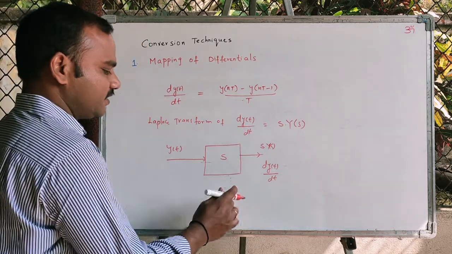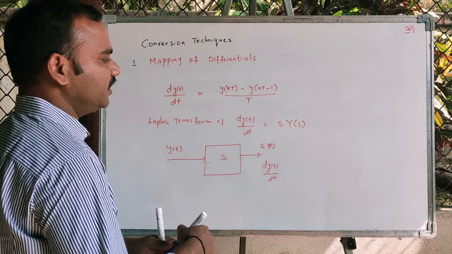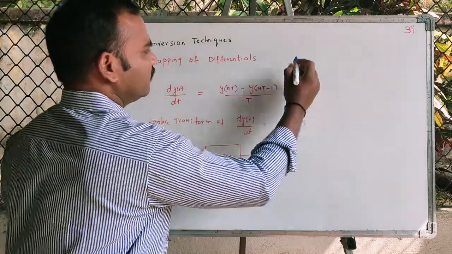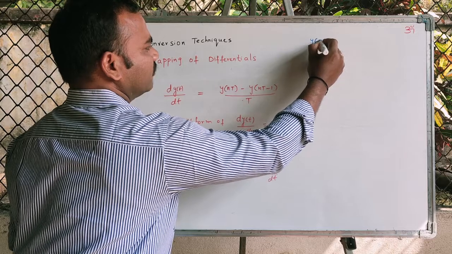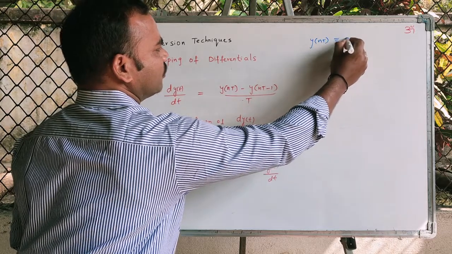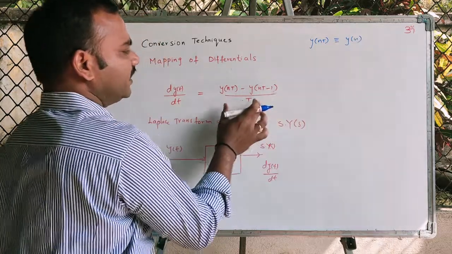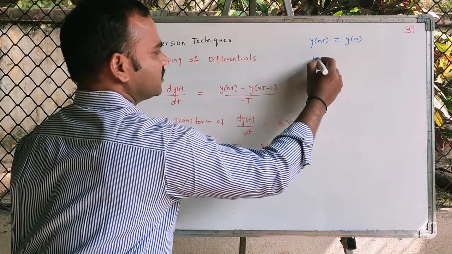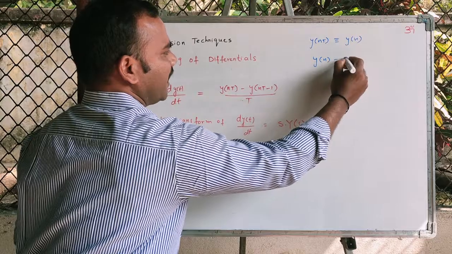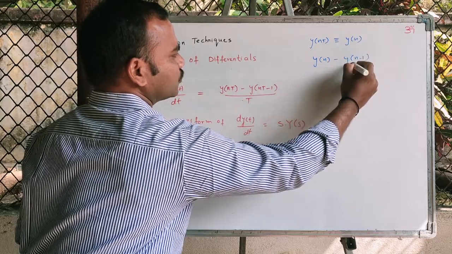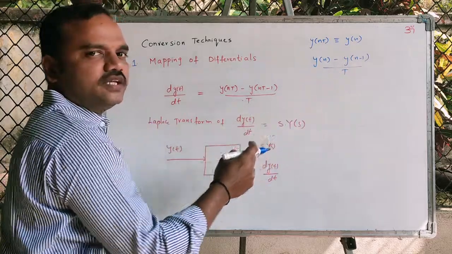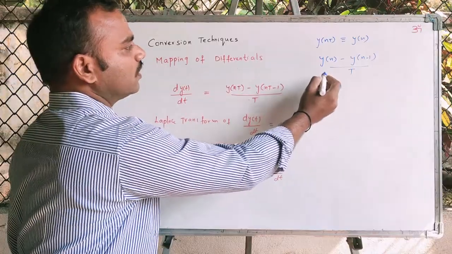In the same lines, if we go for the digital one, first we will approximate y(nT) as y(n). Then this difference equation can be rewritten as (y(n) minus y(n minus 1)) by T. Here T is the sampling interval.